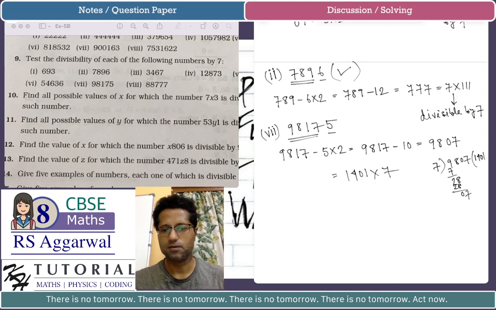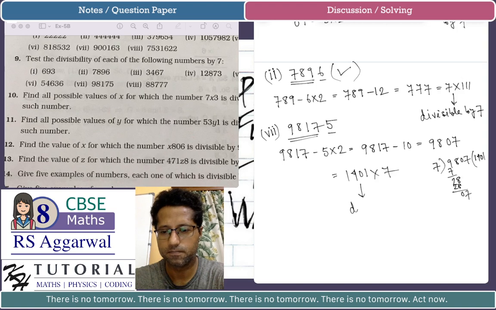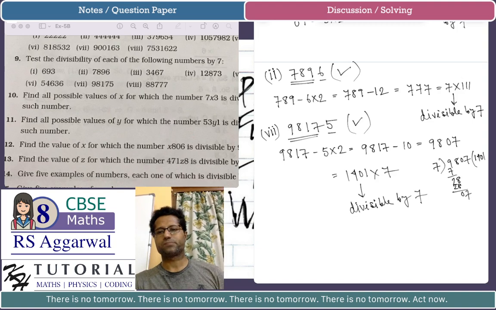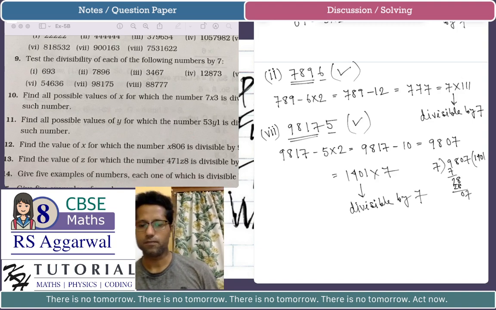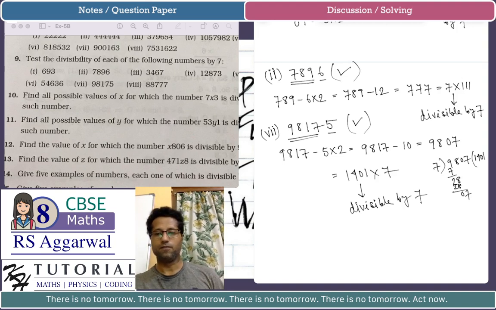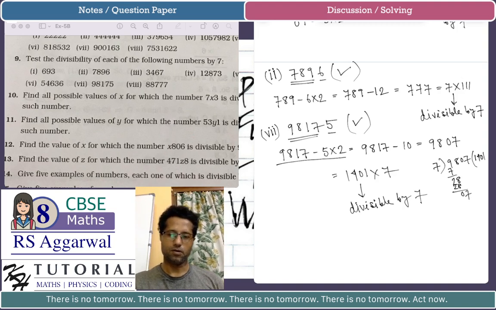Okay. So this number is divisible by 7. Now, if you are comfortable with doing a division, fine. But if this result turns out to be a big number, and you are not that comfortable with doing division by 7 to check whether the number is divisible by 7 or not, you can apply the same rule again on the number 9807.